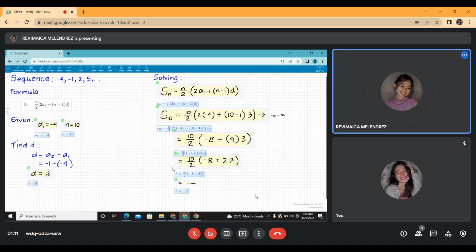So 10 divided by 2 is equal to, okay, 5. 5 here times negative 8 plus 27.